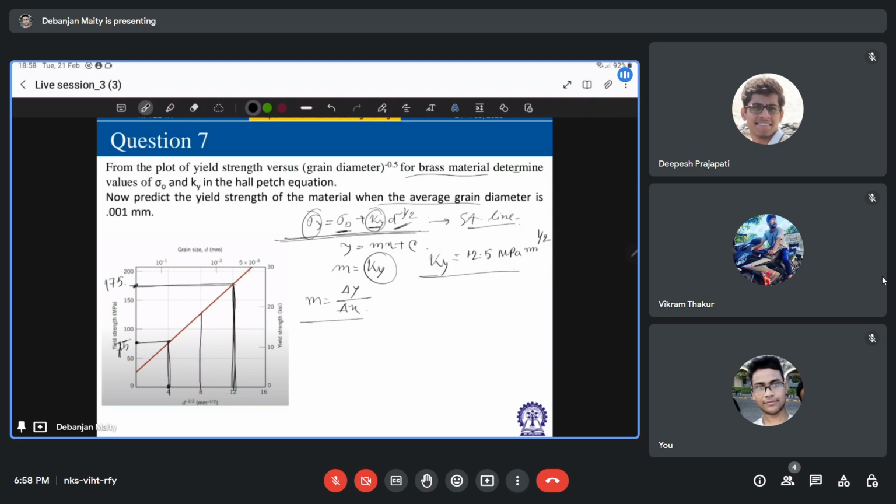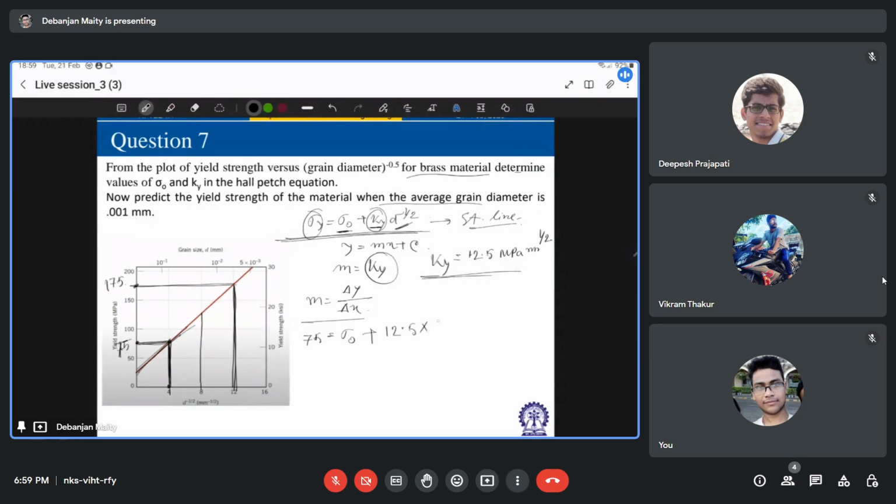Now if you have this ky value, how can you find out this sigma naught value? We simply use this ky value in this equation. So let's say your sigma y is 75. I don't know the value of sigma naught, plus ky is 12.5, that into 4 to the power minus half.